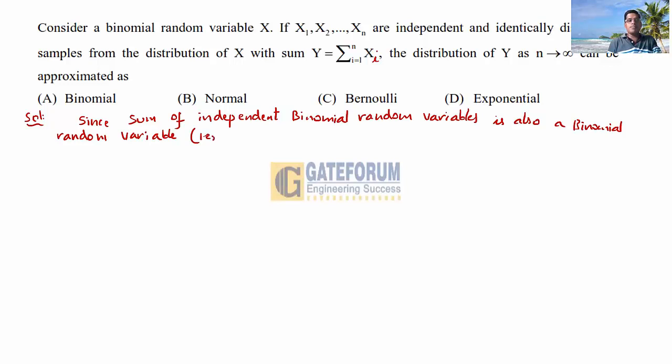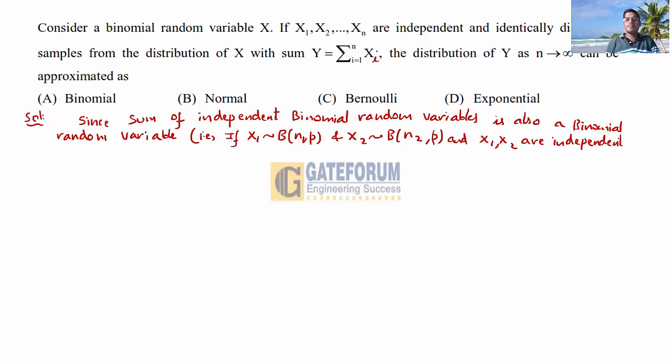So in mathematical approach, if X1 follows binomial distribution with parameters n1, p, and X2 is also binomial distribution with parameters n2, p, where n1, n2 are the number of independent tries, p is the probability of success for any single try, and X1, X2 are independent random variables, then X1 plus X2 also follows binomial distribution with parameters n1 plus n2, p.